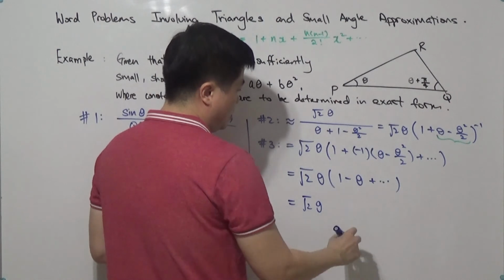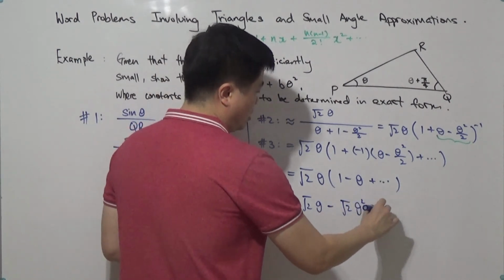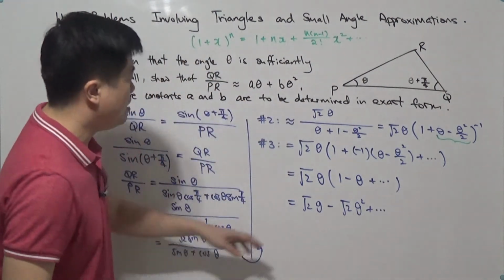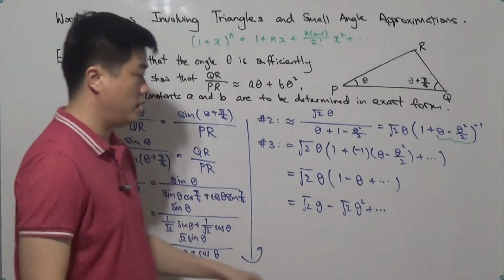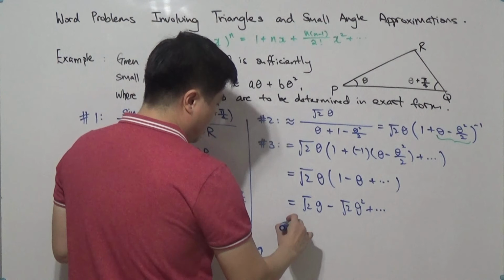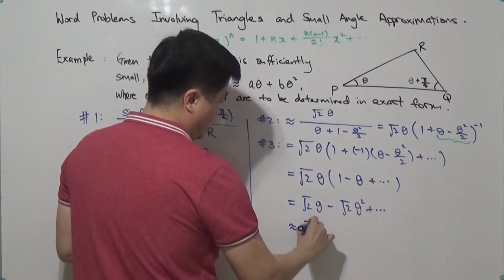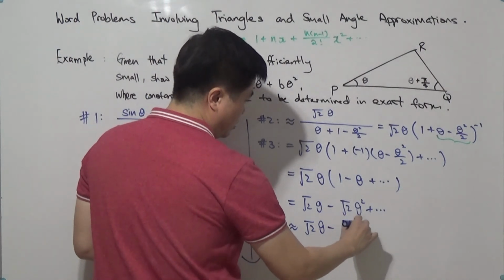Then this times this is going to give us minus square root 2 theta square plus dot dot dot. Since the higher powers of theta are sufficiently small, we can go ahead and ignore them. So you could just end off by writing this is then approximately square root 2 theta minus square root 2 theta square.